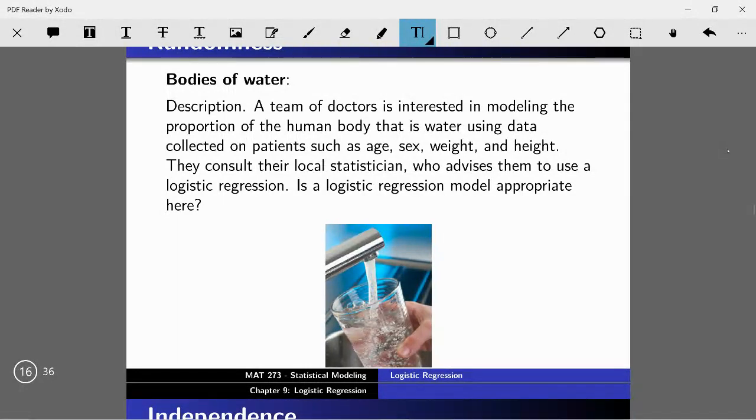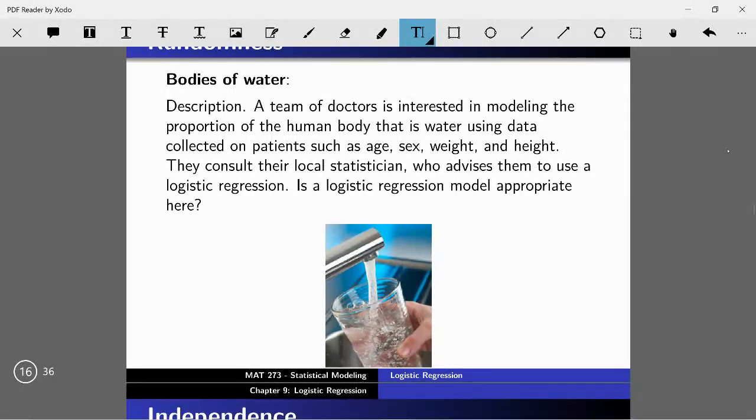If you think about this actual data, I'm not sure how much water makes up people's bodies, but let's say it's like 90%. So if we measured somebody's body as being 0.91, that's the proportion of their body that's water. That's not 0 or 1.